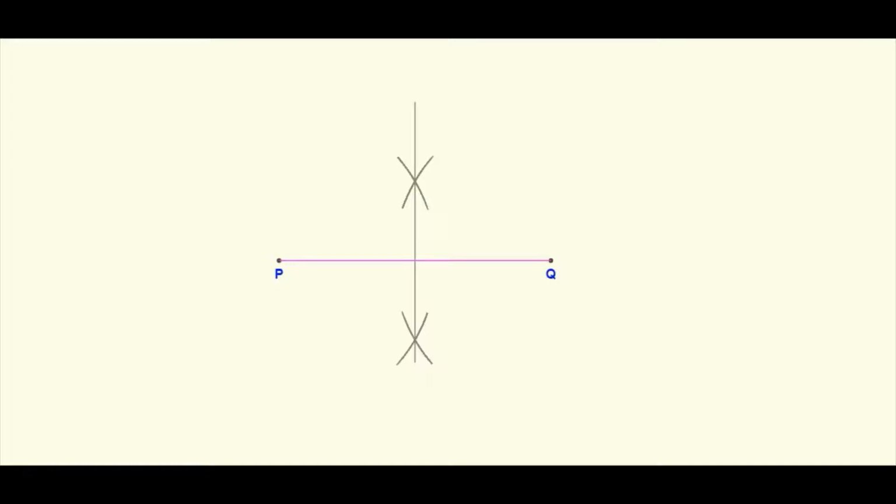So you're going to scribe an arc above, right, to intersect the perpendicular bisector. Where that arc intersects the perpendicular bisector, call it C. And this is how you would do it.